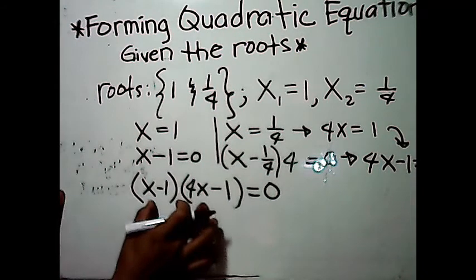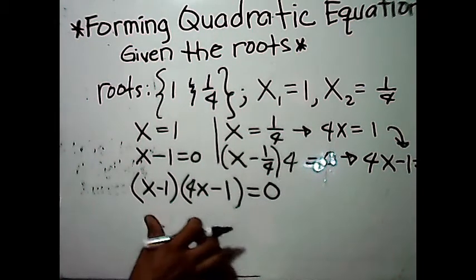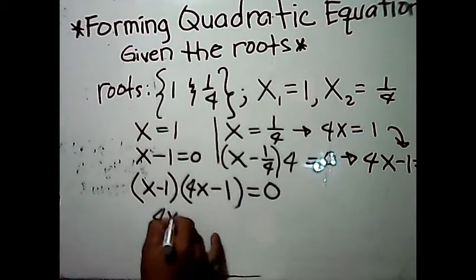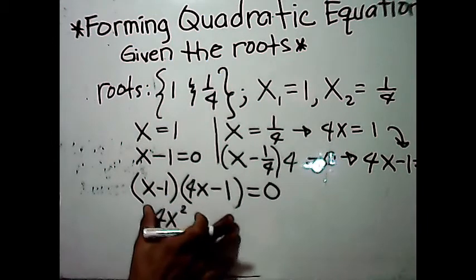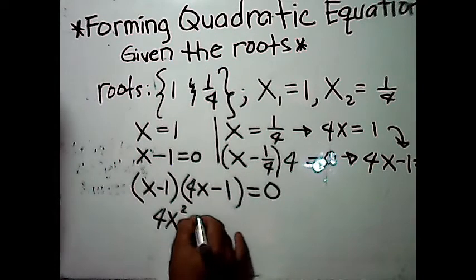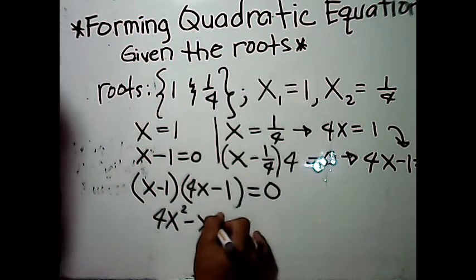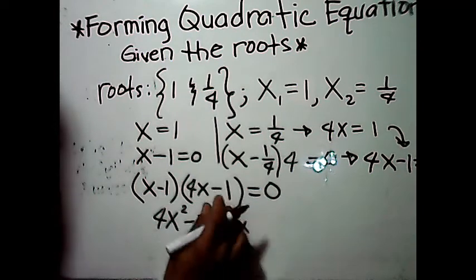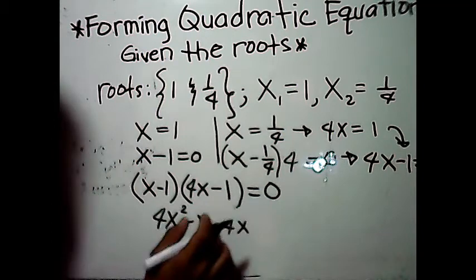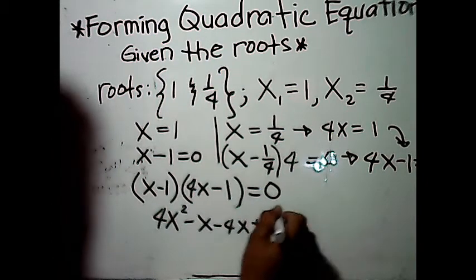So first terms, 4x times x or x times 4x becomes 4x squared. Then the outer terms, x times negative 1 is negative x. The inner terms, negative 1 times 4x is negative 4x. And then the last terms, negative 1 times negative 1 is positive 1, equals 0.